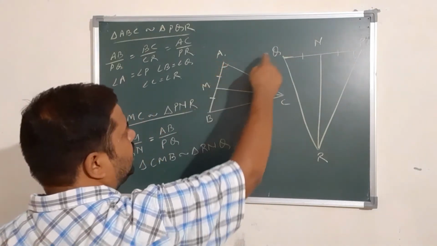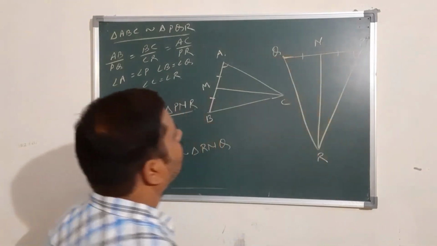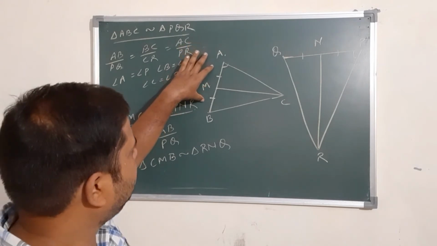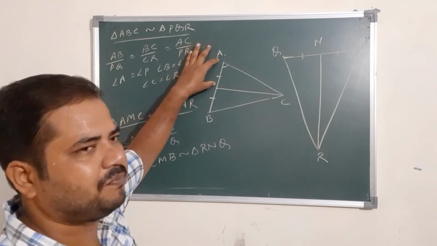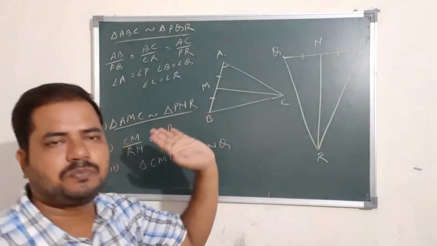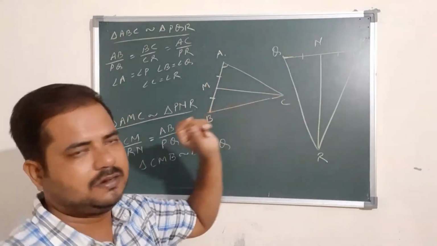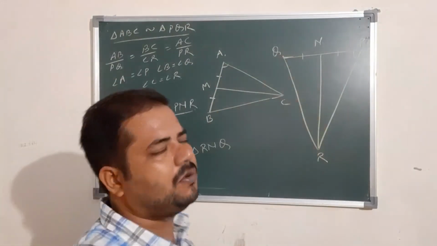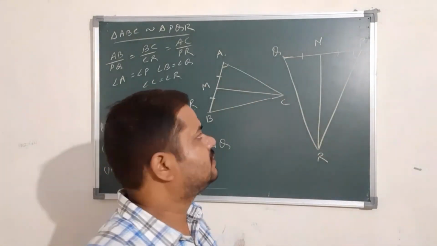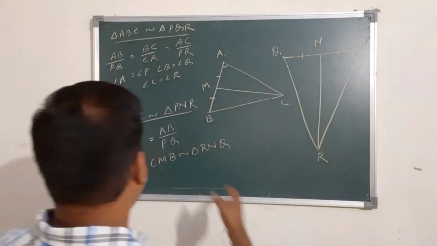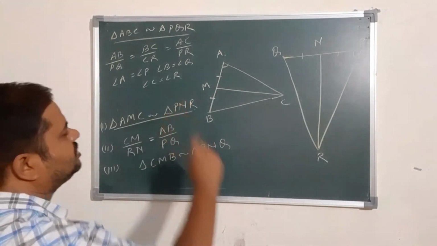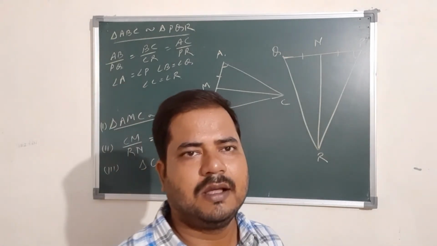And this AB upon PQ is also in the same ratio. Since these are medians, AB is 2 times AM and PQ is 2 times NP, so AM upon NP we also get. So by SAS criteria of similarity, side-angle-side, we have shown that AMC is similar to PNR.